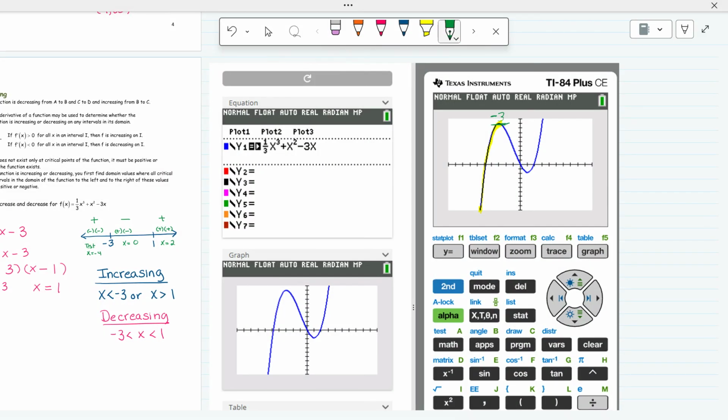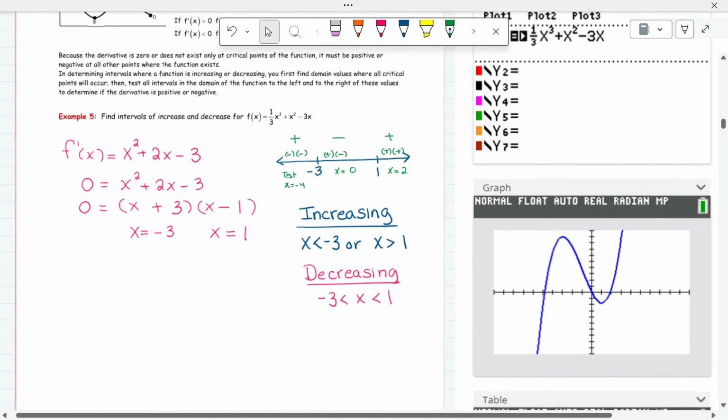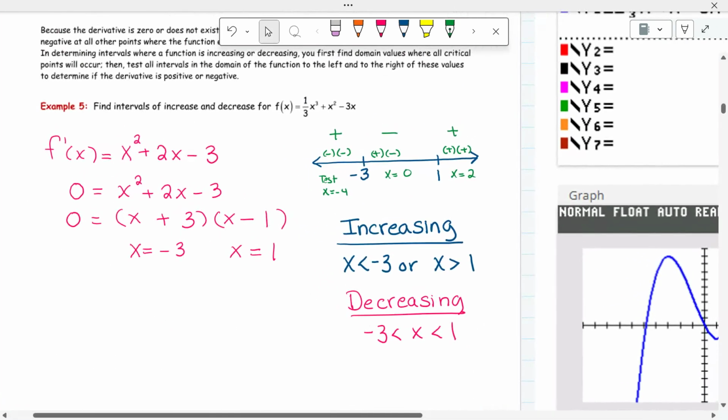And then I'm also saying it's increasing from 1 and further. So you guys can see that as well. Guess what this point is? This one is at 1. So it is increasing from negative infinity to negative 3. It's also increasing from 1 to infinity. But it's decreasing from negative 3 to 1. Right? So that's what this calc just told us.